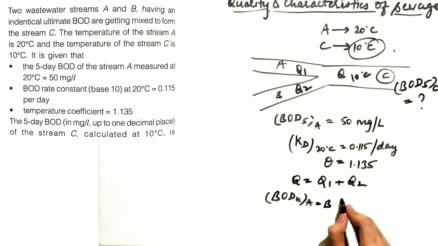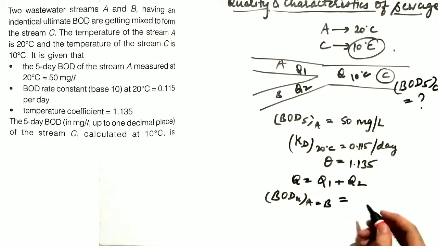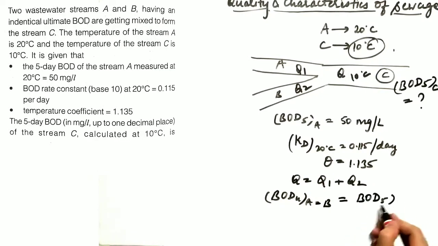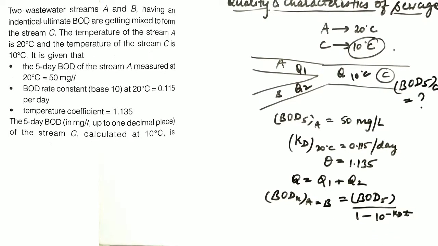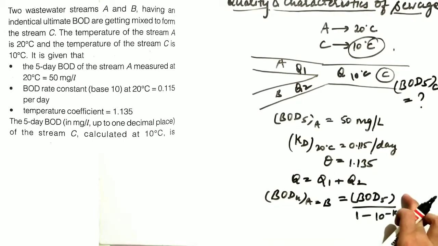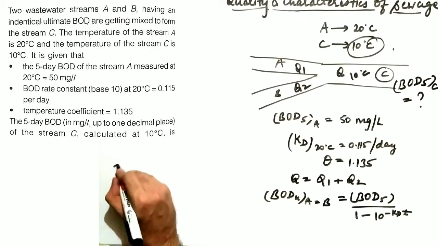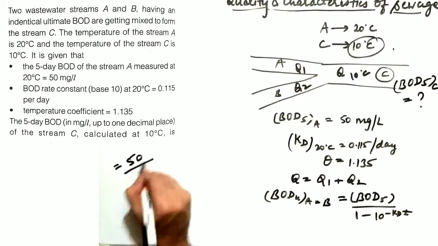How can you calculate this particular value, BOD ultimate of A or of B? By dividing the BOD 5 value by 1 minus 10 to the power minus KD times T. This is the simple formula. You know the value of BOD 5, which is 50.